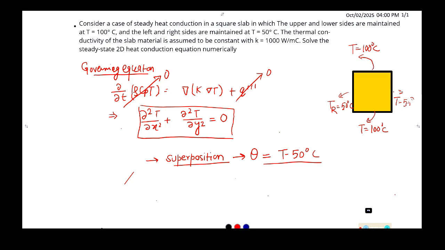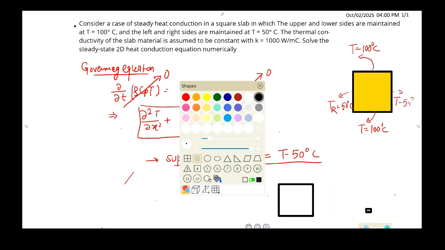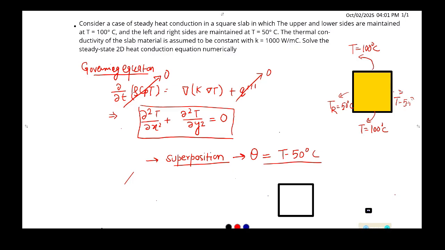Therefore, on doing this, the values on these edges will become 50, this will become 50, this edge will become 0, and this will also become 0 degrees centigrade.